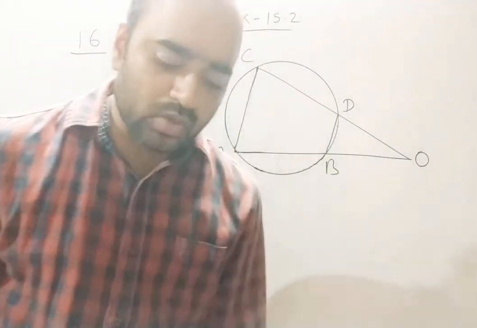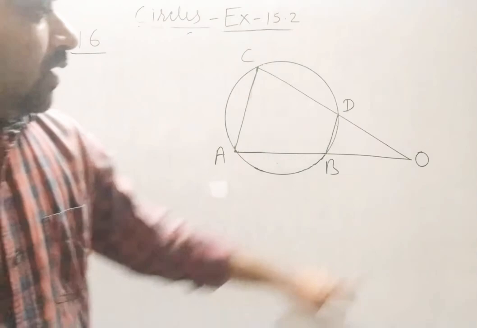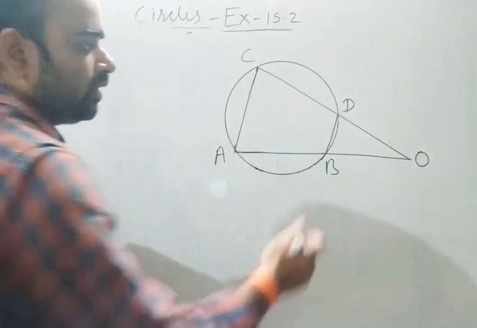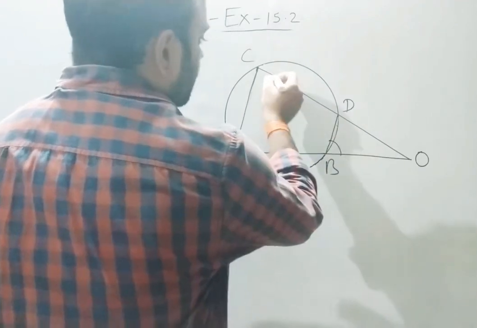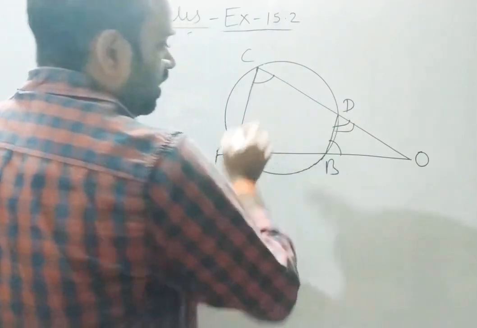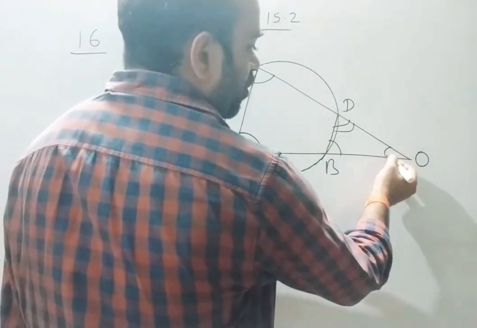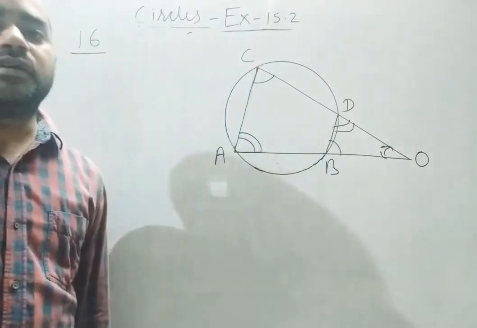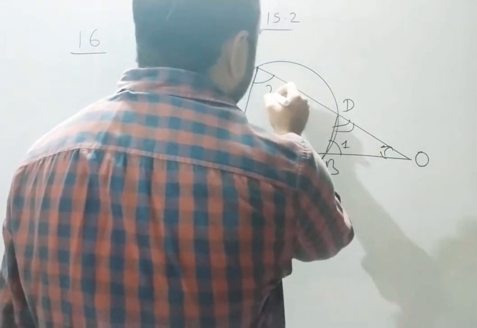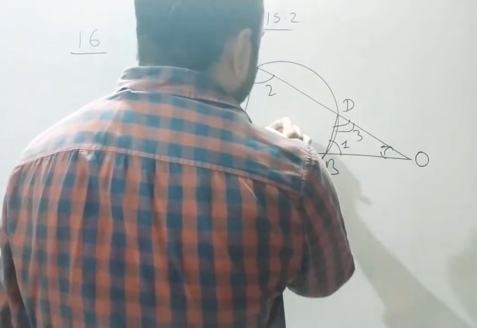First part, ODB and OAC, smaller and larger. See, first, this angle will be equal to this angle, and this angle will be equal to this angle, and this angle is common in both the triangles.